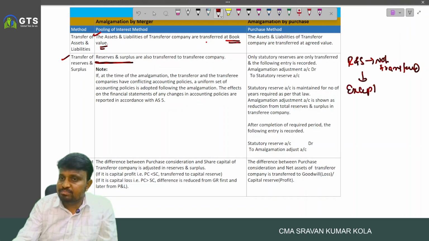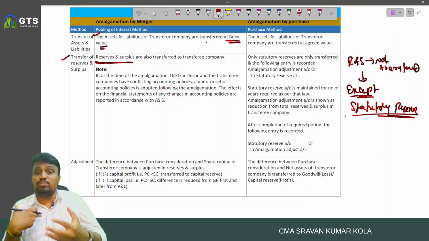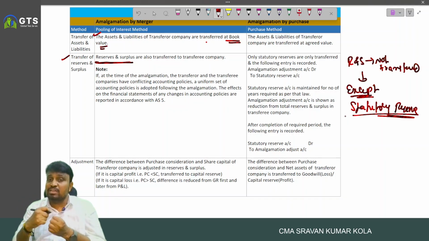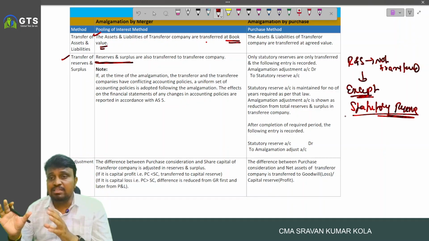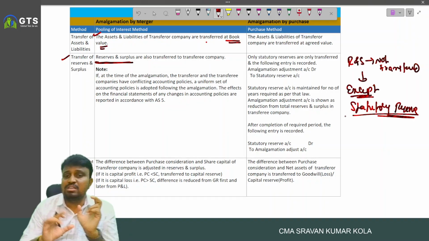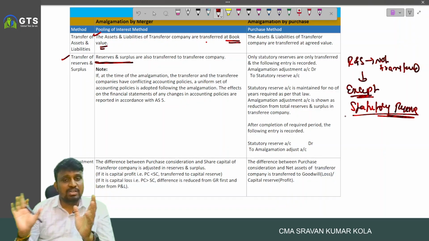except statutory reserves, those reserves which are required to be maintained as per a law or a particular statute. That is called a statutory reserve. For example, investment allowance reserve: as per the IT Act, it has to be maintained for 5 years.